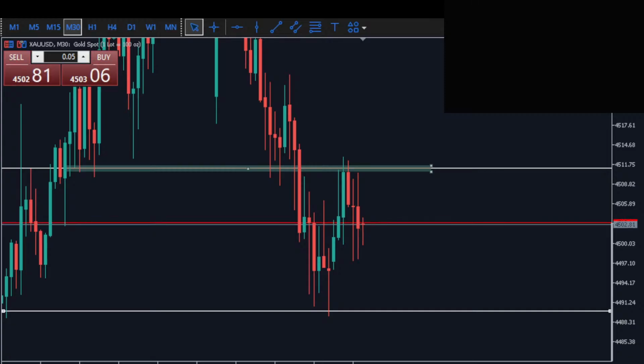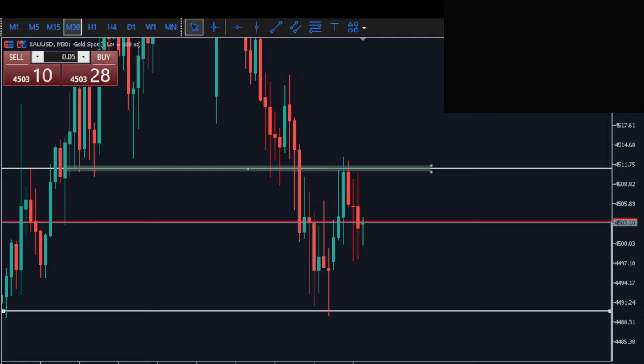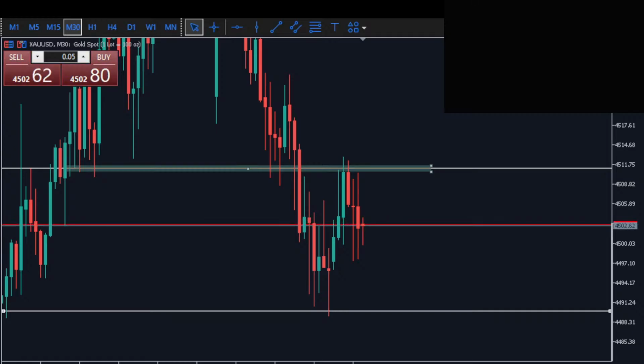And it's getting boring now. I don't get any chances to trade. It's consolidating.